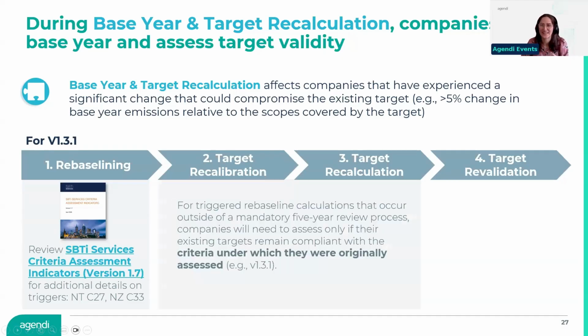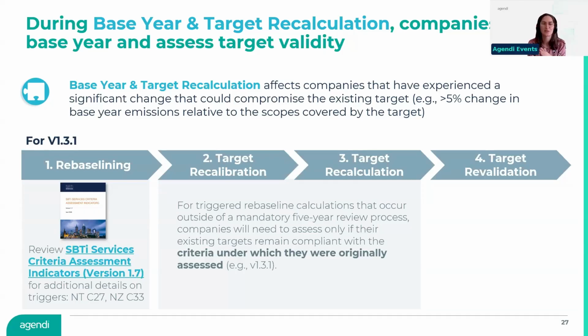But maybe more importantly, I think this is going to answer some questions that I've been receiving a lot lately, and maybe Kyra has as well. If you need to rebaseline, and it occurs separate from your 5-year mandatory review process, so in the middle of your target cycle, you have a merger and you need to rebaseline, the updated transition guidance that SBTi has published indicates that companies only have to assess if their targets remain compliant with the criteria under which they were originally assessed.